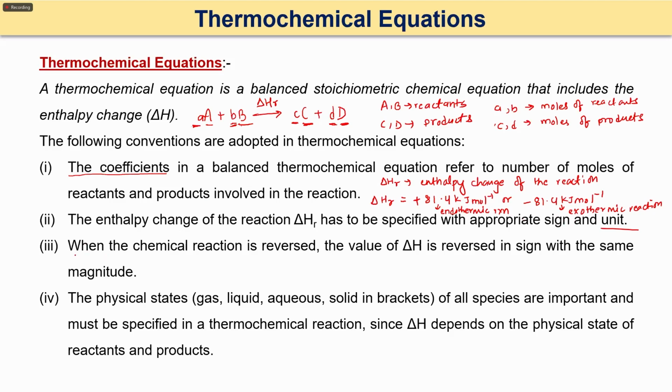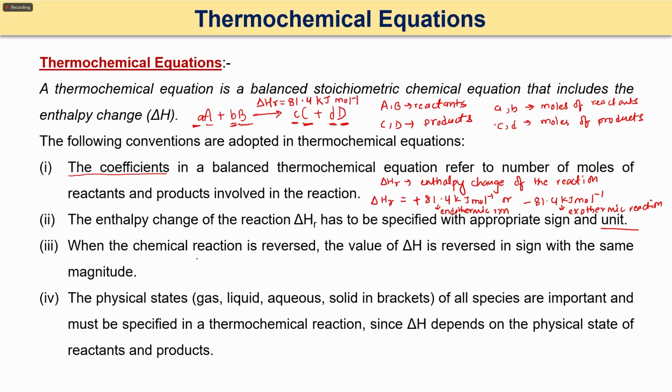The third one is that when the chemical reaction is reversed, let's say this is your reaction, and delta H for this reaction was 81.4 kilojoule per mole.